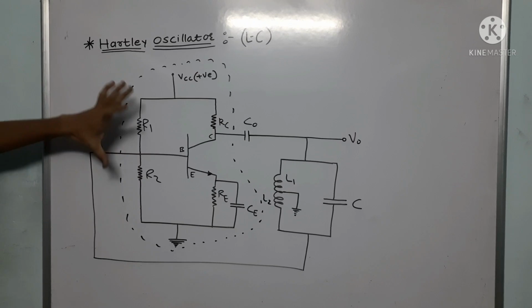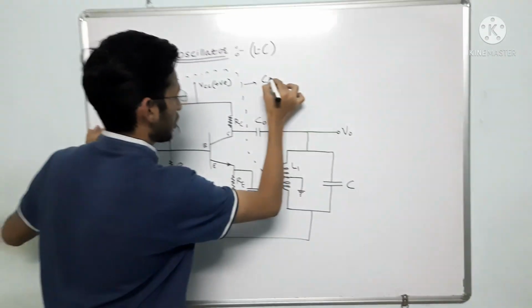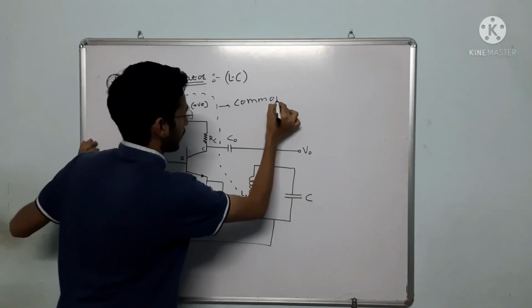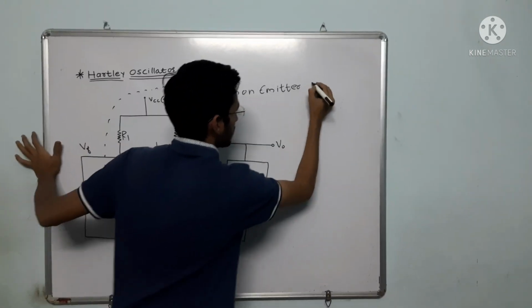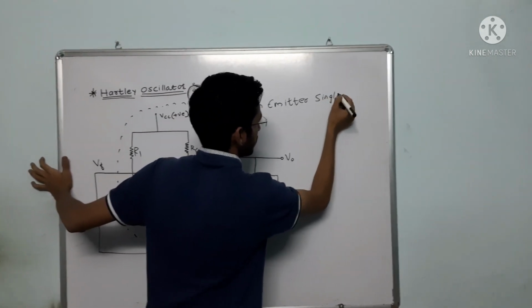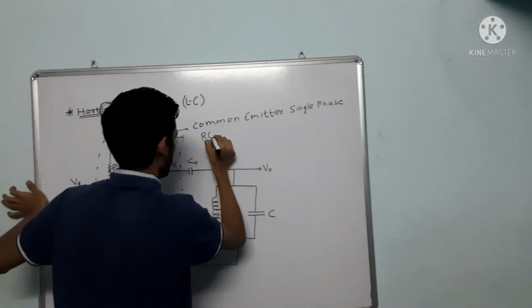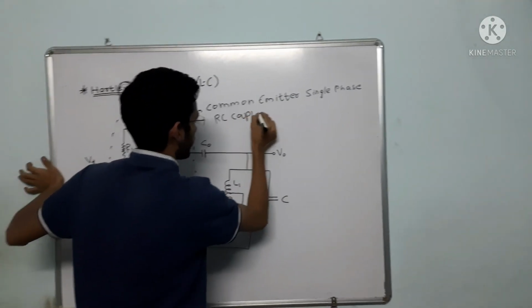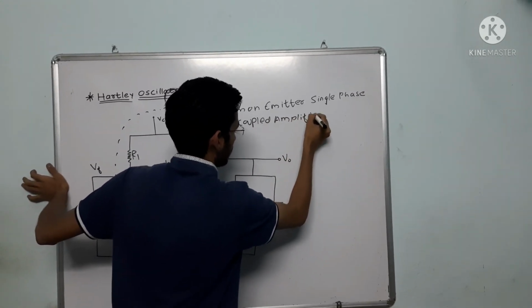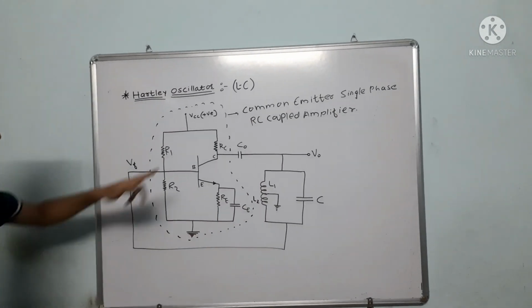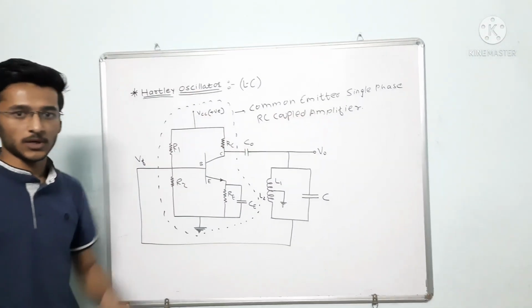The dotted part in the circuit diagram is basically known as the common emitter single phase RC coupled amplifier.